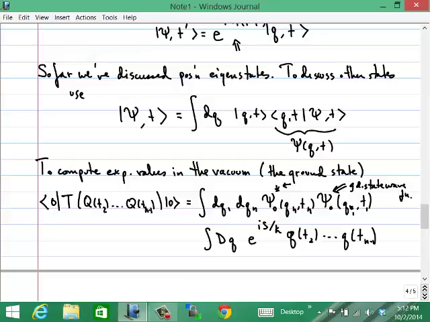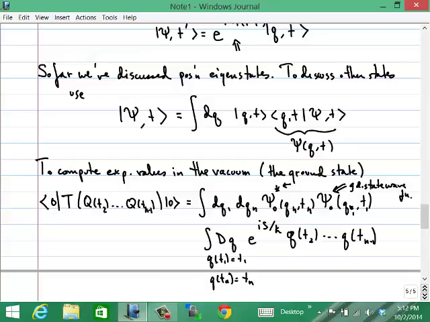Is this more or less clear? Any questions on this? So just to make this a little more explicit, this path integral is one where q at time t1 is equal to q1 and q at time tn is equal to qn.